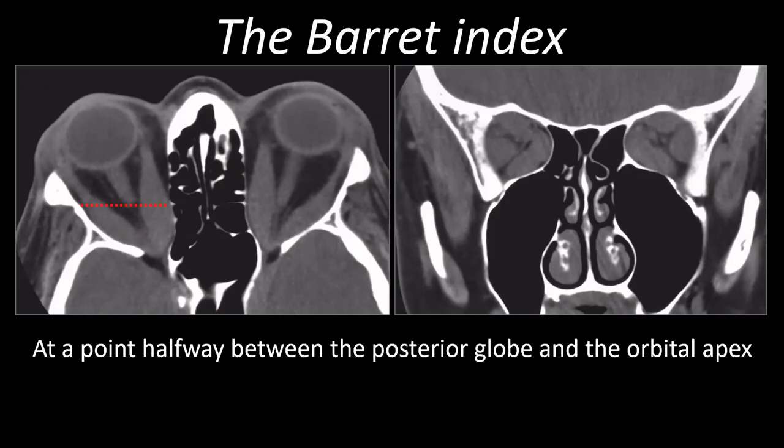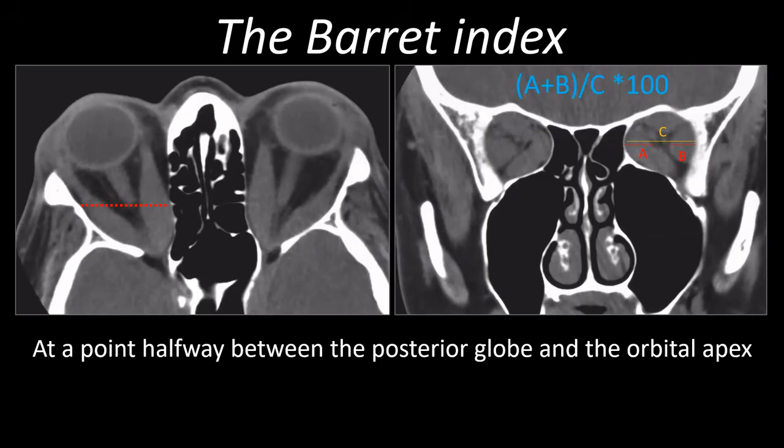And at that level, you measure the width of the muscle bellies of the medial and the lateral rectus muscle, and you make the sum of that width. And you divide that by the width of the orbit at the level of the optic nerve.